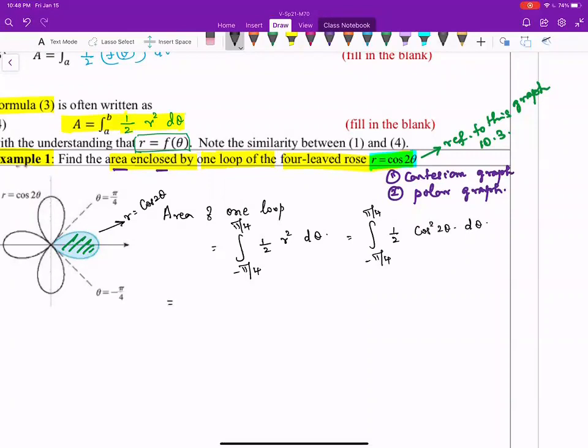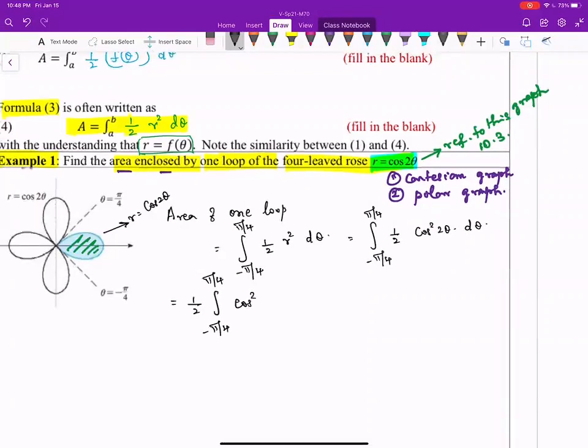And this is an even function. So half can be taken out, and you have negative pi by 4 to pi by 4 of an even function.